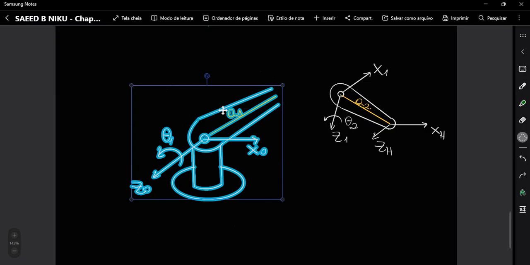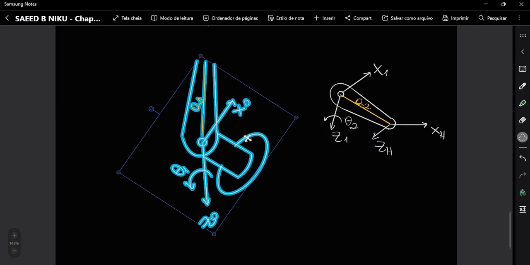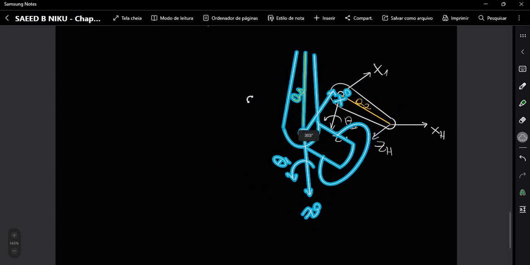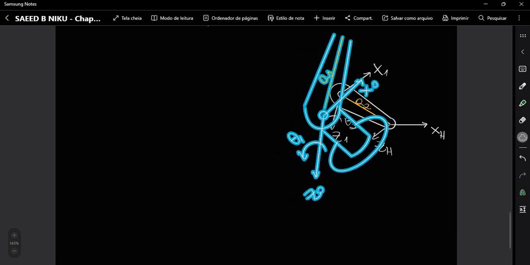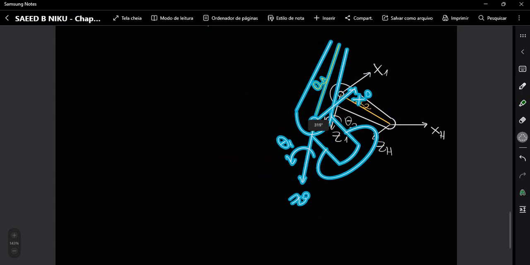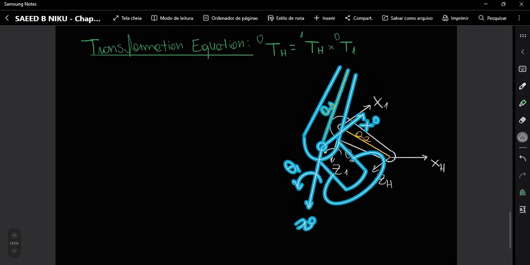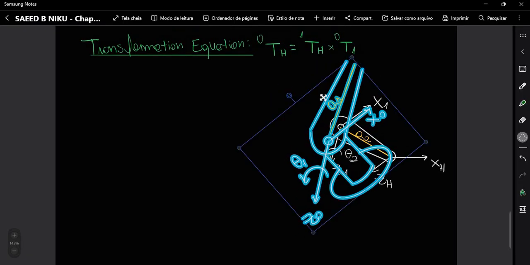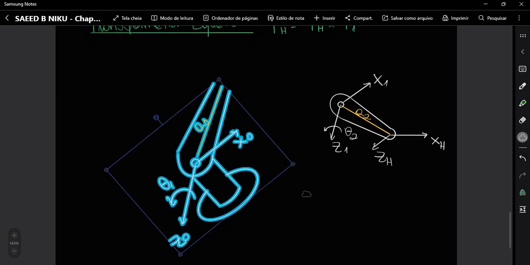Maybe we can do this. And this way we are making x0 parallel with x1. Okay.